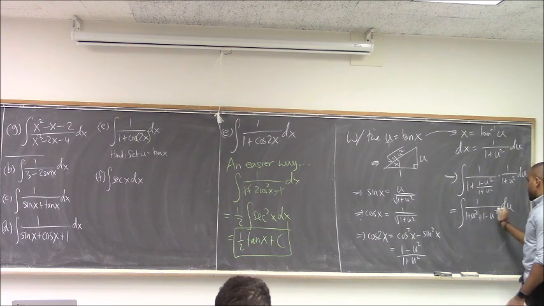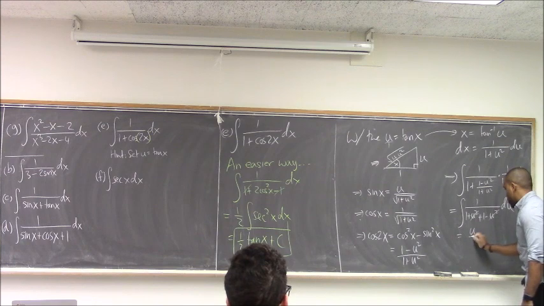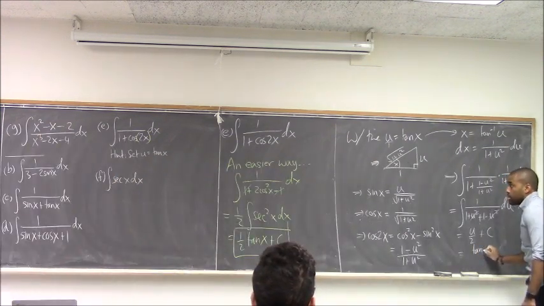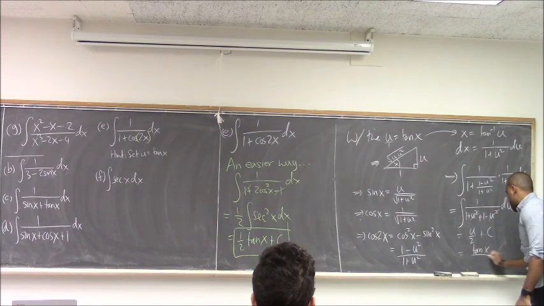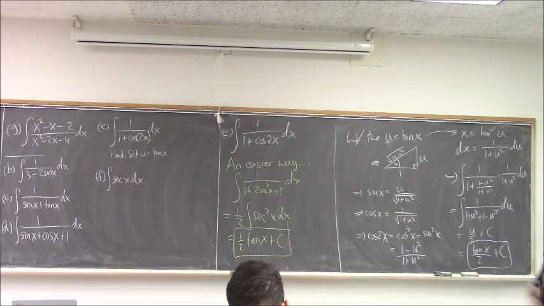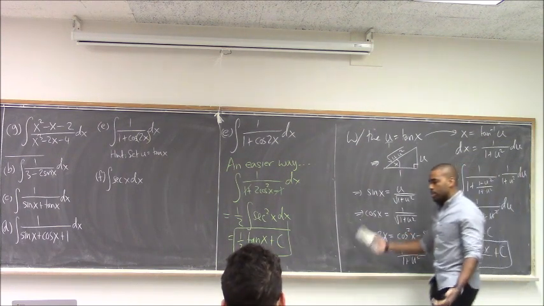At that point, that's just a half. So this is u over 2 plus c, which gives you tangent of x over 2 plus c, which you'll see is the same answer. Of course, you went through a lot more pain.